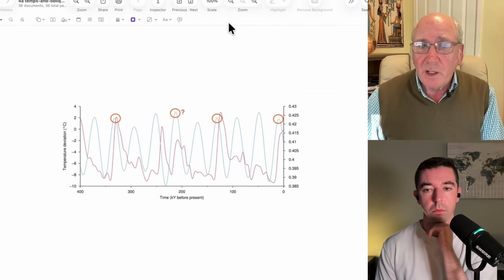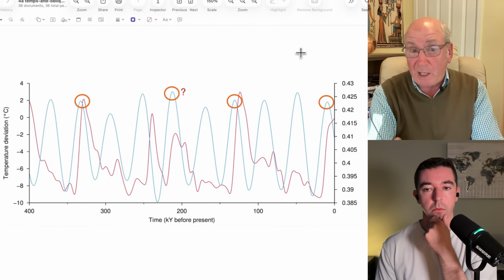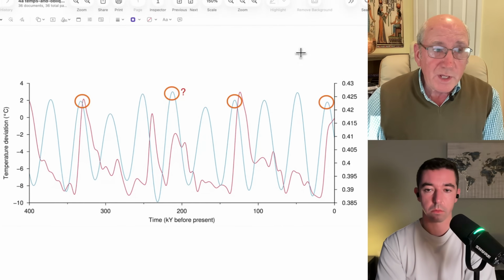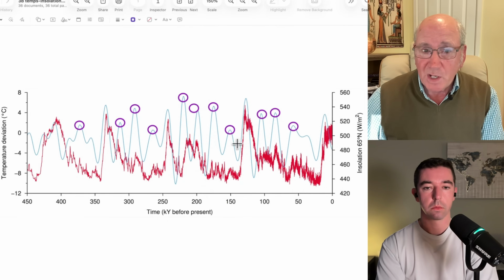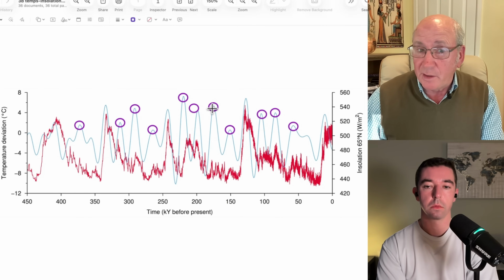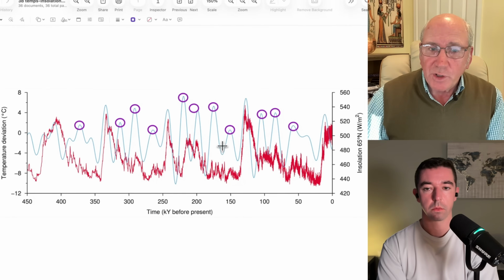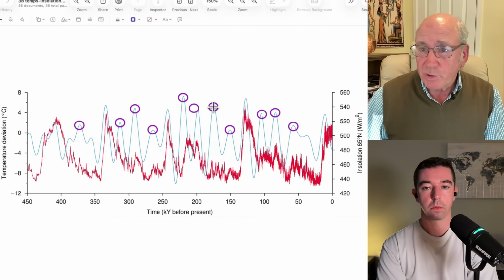Some people say that the cycle that controls ice ages is obliquity. Remember, this one is mainly precession. The big one in this is precession and obliquity together. But the chief forcing agent here is precession of the equinox.